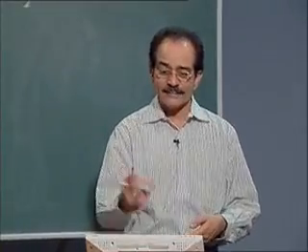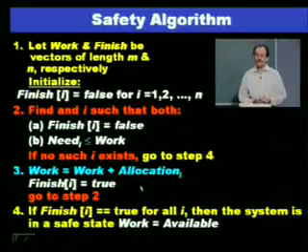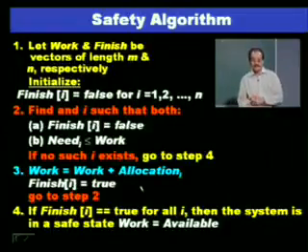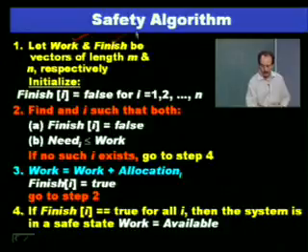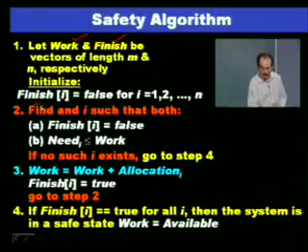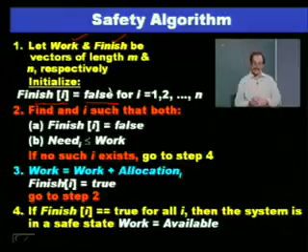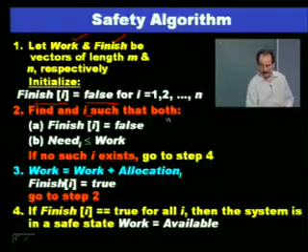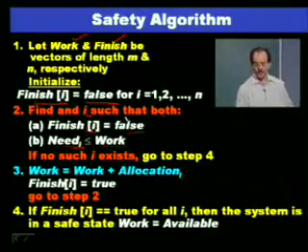Now, this is what we say is a safety algorithm. We try to find out whether my state is a safe state or not. We define 2 vectors, work and finish, of length m and n respectively, and we initialize finish with false, that is, none of the processes have finished. Then we find i such that both finish[i] is false and need[i] is less than or equal to work.